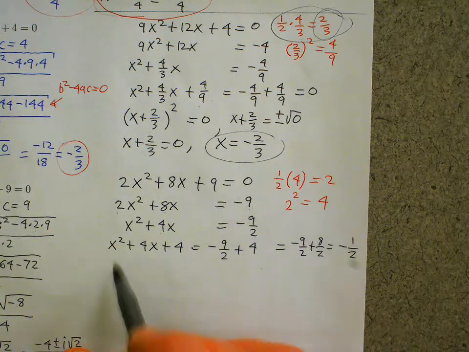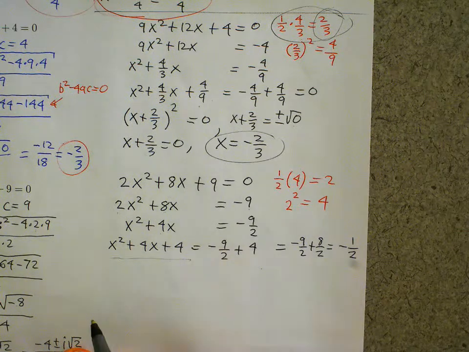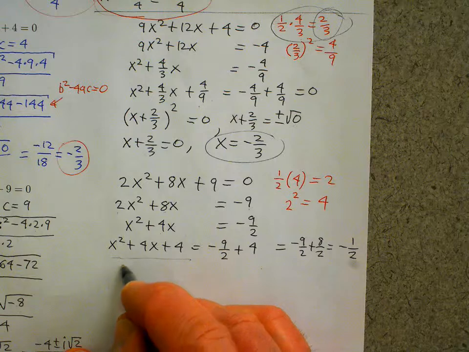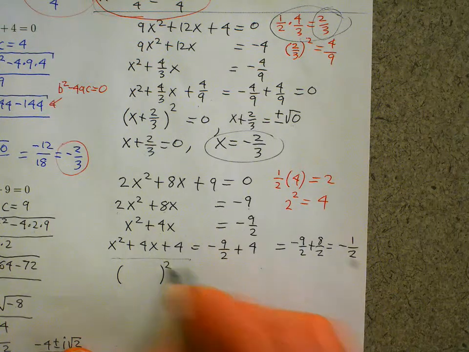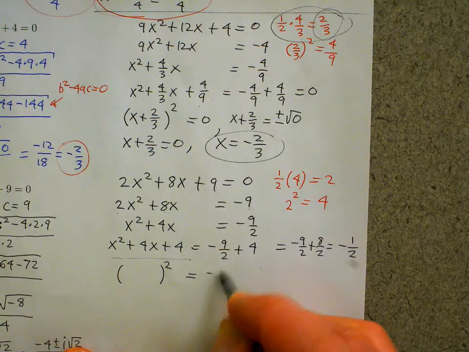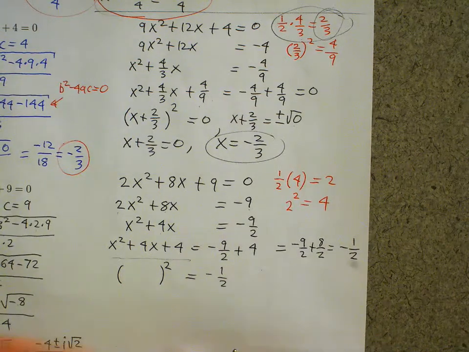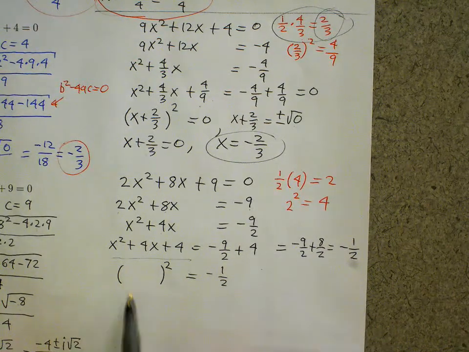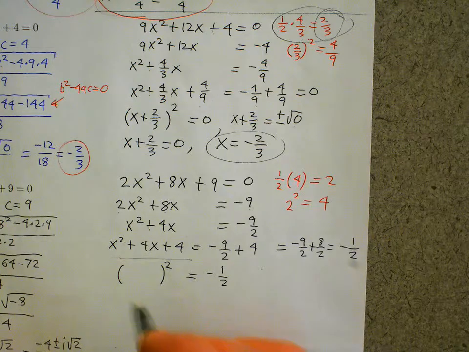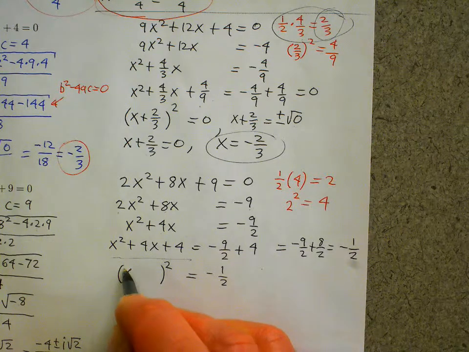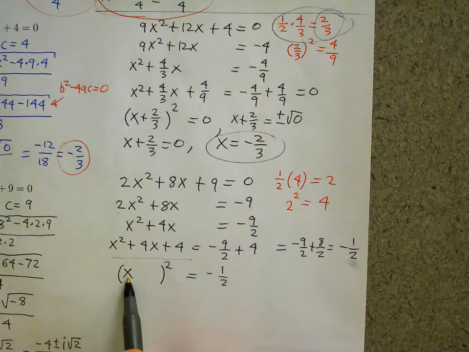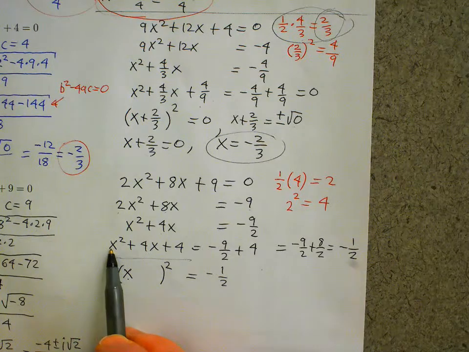Okay, so this is now a perfect square trinomial, x squared plus 4x plus 4. So that means it's equal to some binomial squared. So what binomial is it? The binomial has to have x because the trinomial has x squared.